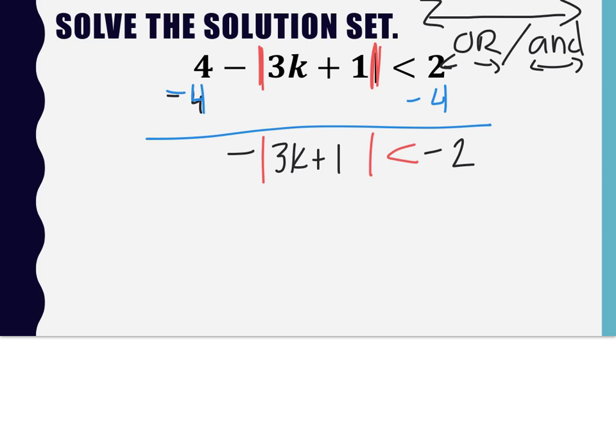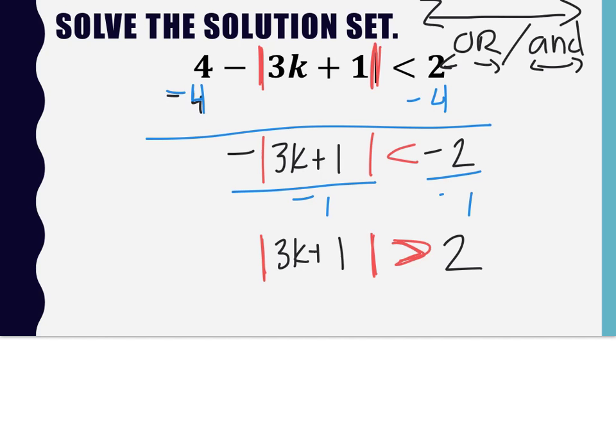I still have this negative outside my absolute value bars. We can't have that. So I'm going to divide both sides by a negative 1. So now I finally have my absolute value bars by themselves. Since I divided both sides by a negative, my sign is going to change. So make sure you're aware of that. We have the absolute value of 3k plus 1 is greater than 2.